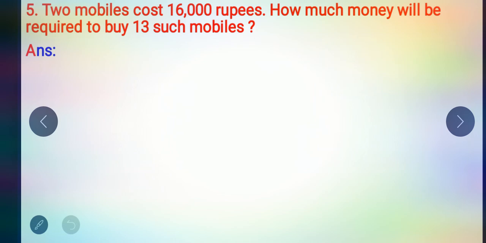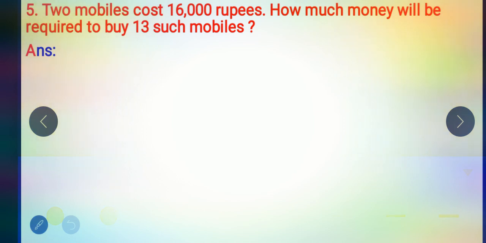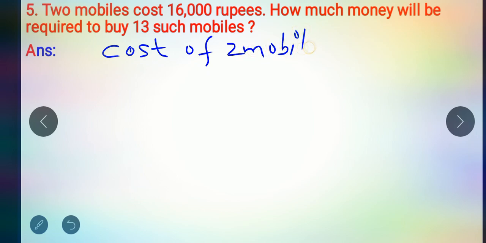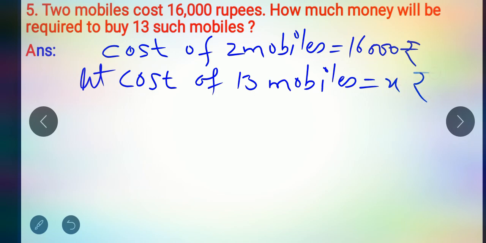Here the cost of 2 mobiles is equal to 16,000 rupees. How much money will be required to buy 13 such mobiles? Let the cost of 13 mobiles be equal to x rupees.